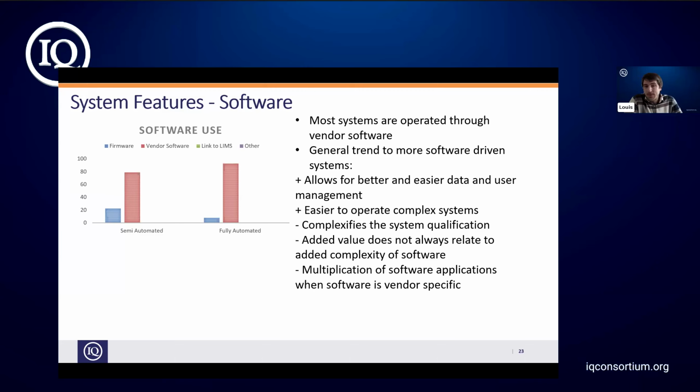The added value of having the software does not always relate to the added complexity, and sometimes the software is not specific for a certain system and contains a lot of features that you might not need specifically, but they are still there. And then if you have multiple techniques and technologies across your lab, you might also have a multiplication of software applications that are vendor specific, leading to a very complex software landscape.